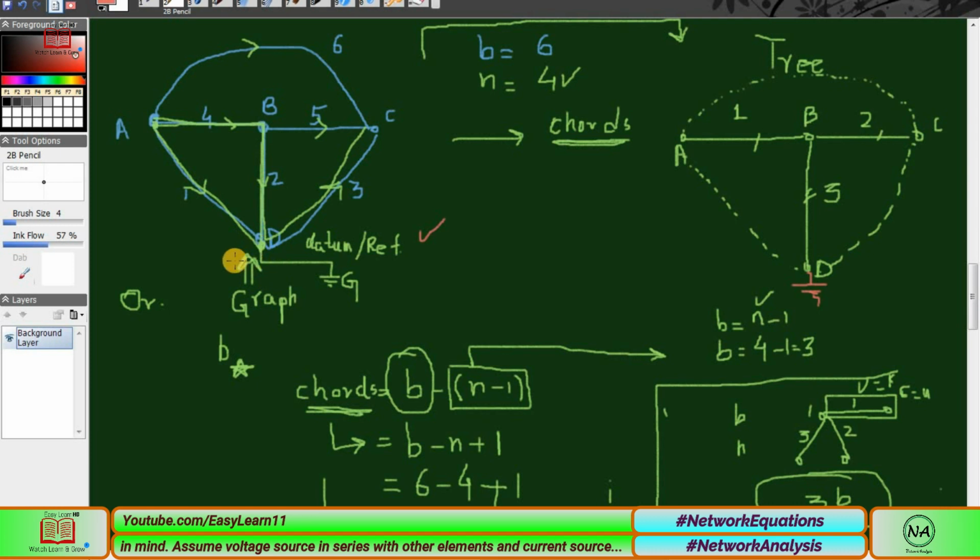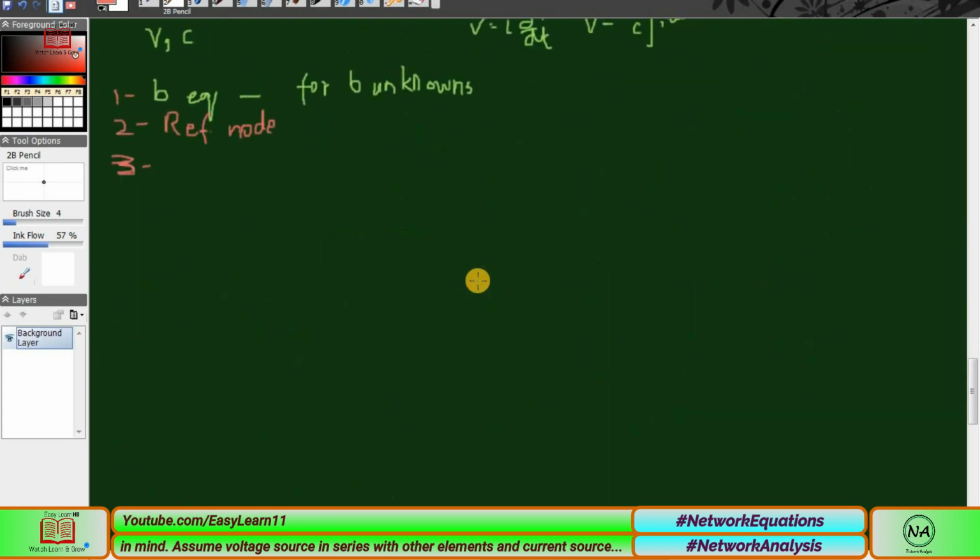This accomplished, it is then necessary that we write the voltage equations. Next, the datum node is selected, and then we need to write the voltage equations. For writing the voltage equation, it is applied on the loop.